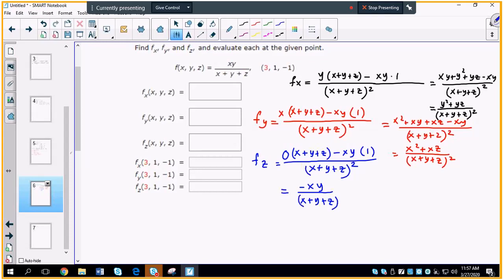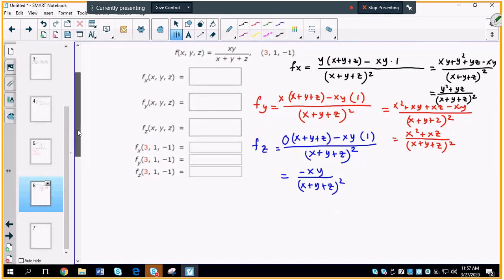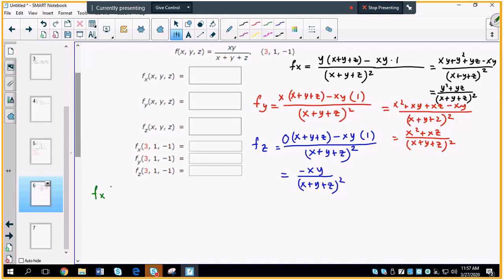Finally, we're going to evaluate all 3 of these expressions at the point 3, 1, negative 1. So f of x at 3, 1, negative 1 will be equal to, if I look at the simplified form, y squared plus y times z over x plus y plus z all to the power 2.